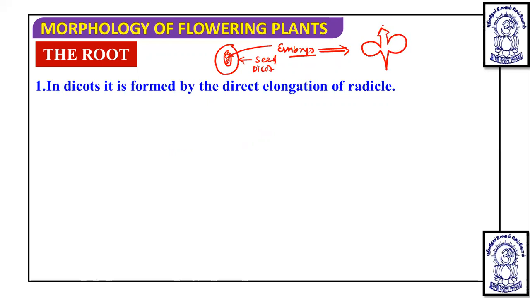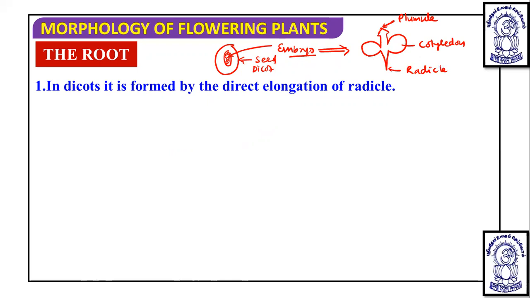So this is the embryo. The top part is known as the plumule, which gives rise to the shoot. These are the cotyledons. Here you will see the radicle that gives rise to the root end portion.